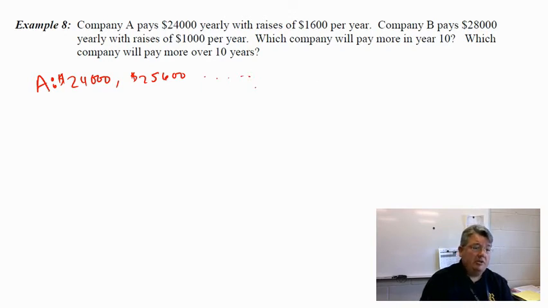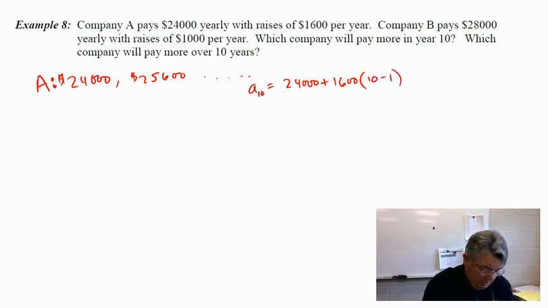This is an arithmetic sequence, so the 10th year is just going to be the first year, which is 24,000, plus the raise, which is 1,600, times n, which is 10 minus 1. So 24,000 plus 1,600 times 10 minus 1, that's 9, gives me 38,400.